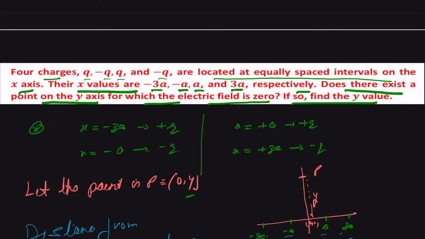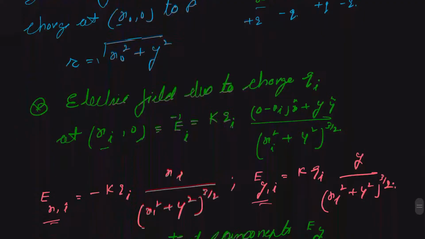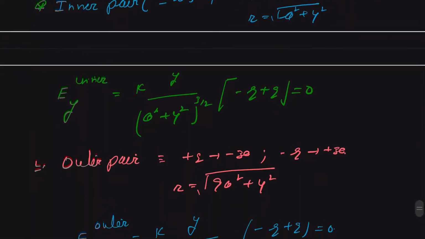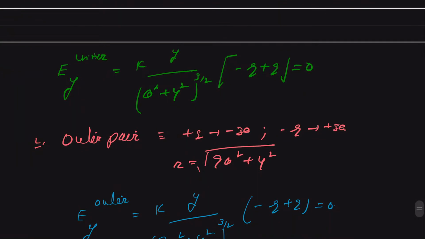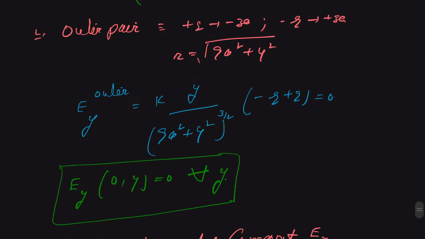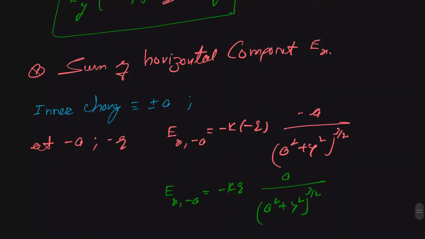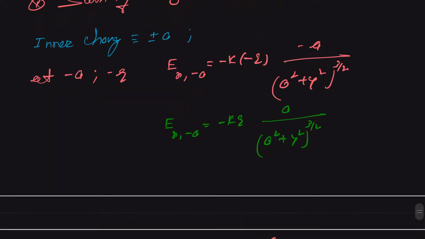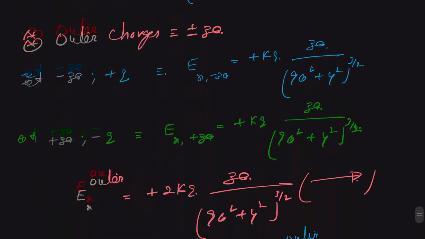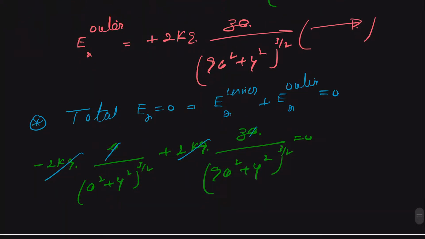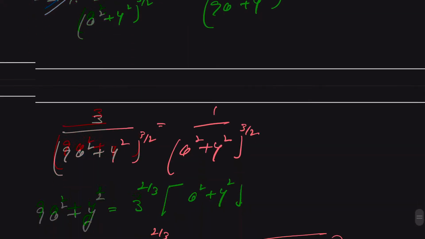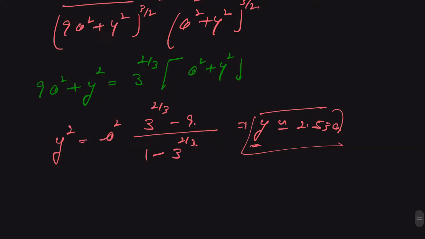The vertical component easily balances out, because we see this y component is equal to 0, but our x component of the electric field, because of the various distances and how they are arranged, their summation is not equal to 0 in general, and so we are able to find out the value of y such that the total electric field is equal to 0.